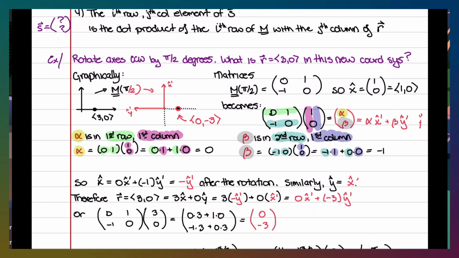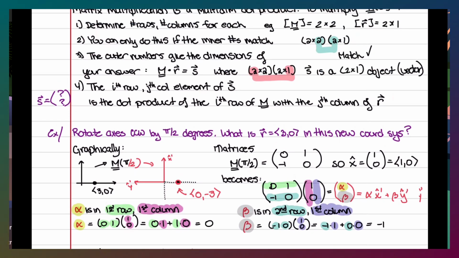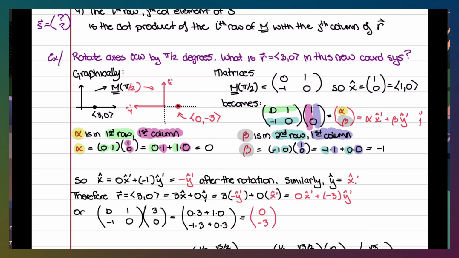And I know my answer is going to have 2 coordinates at the end of the day, because that is what the outer numbers tell you. It's going to have 2 rows and 1 column. So I can write it as 2 rows and 1 column, and I just want to figure out what alpha and beta are, which tell me the coordinate in the new x prime direction and the coordinate in the new y prime direction.